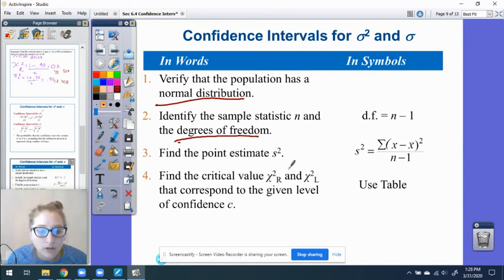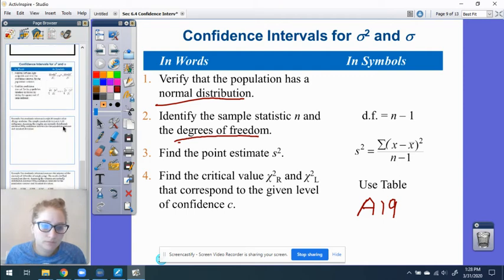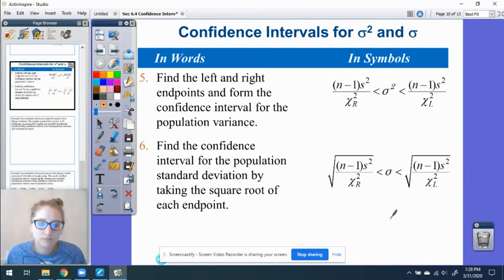Find your critical values using your table, and remember that was on page A19. And then you're going to find your right and left endpoints. And you'll notice, again, the only difference between these two formulas is that we're taking the square root here to get our standard deviation.